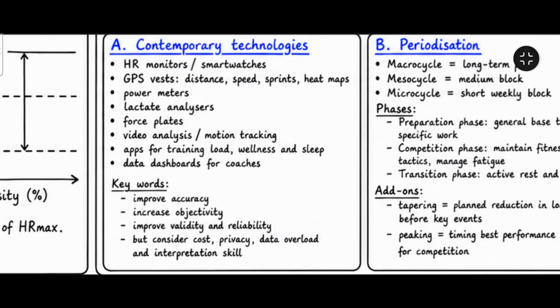The key exam words you want to focus on when talking about these technological tools are how they improve accuracy, validity, reliability, and objectivity, but also discuss the costs, privacy issues, maybe data overload, and the technological skills needed, because some people might not be tech savvy enough to interpret what is going on with these tools.